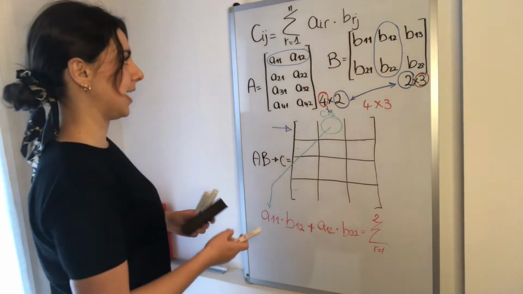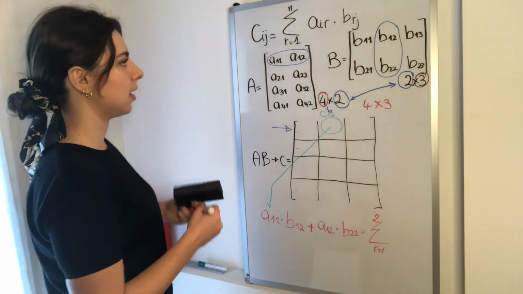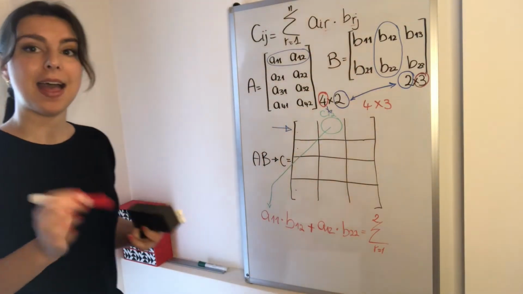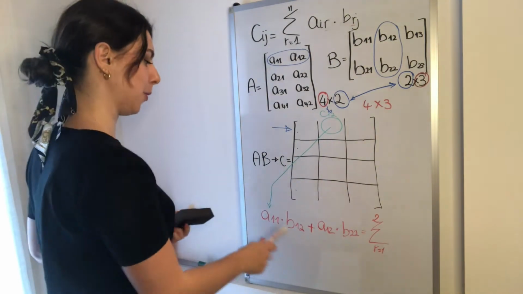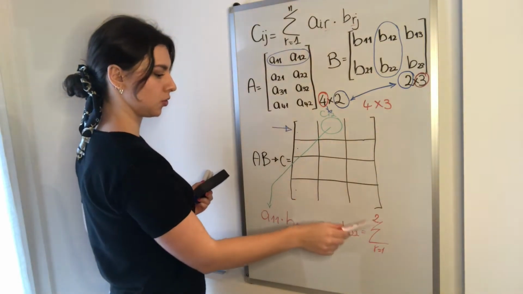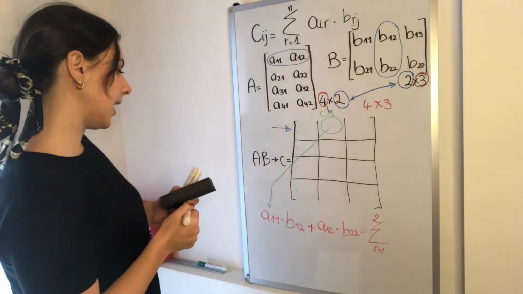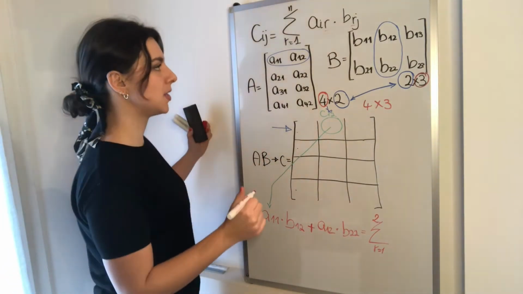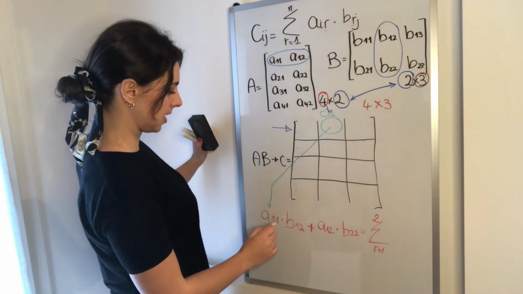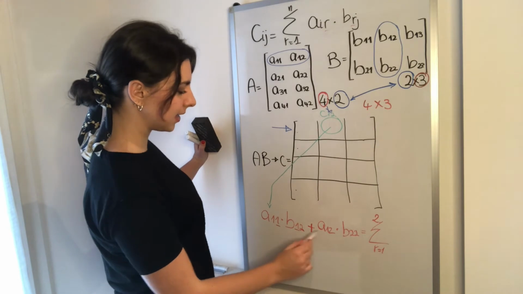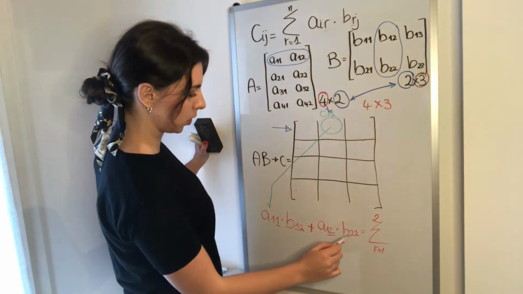So we know that R, here and here, has to move from 1 to 2. Okay? And following the summation, we will know that it starts here from 1 and then it goes to 2.